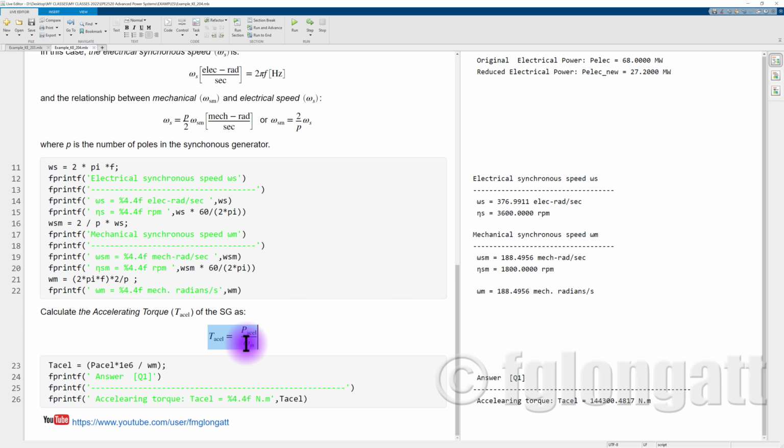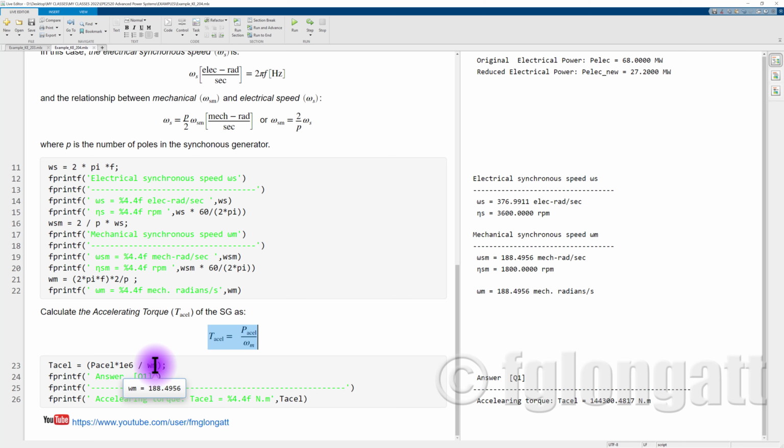For that reason, what we need to do is divide the accelerating power, 27.2 megawatts, by the rotational speed, but this rotational speed is in mechanical radians per second.